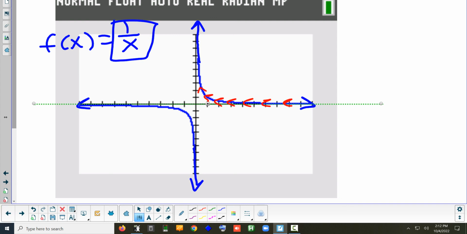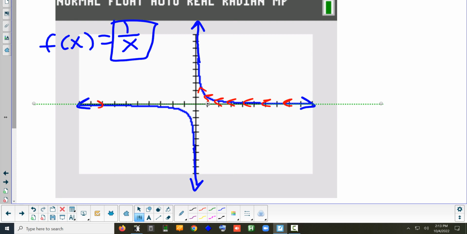What starts to happen as we head towards 0, following those red arrows, what happens to my y value? It gets bigger. How big? Infinitely big. As I get closer and closer to 0, keep going, all of a sudden, the graph goes straight up and it heads towards infinity.